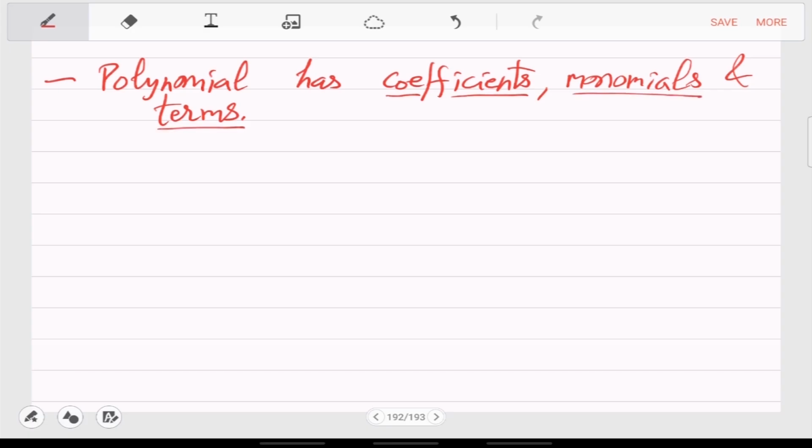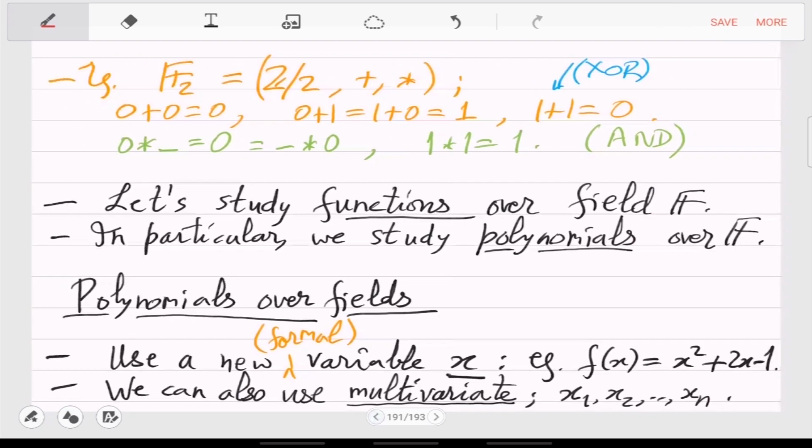Coefficient will just mean the constants that appear inside it, like this 2 and -1. And monomial will be a variable power which appears, like x squared and x to the 0. Or it can be x1 times x2, x1 squared times x2, and so on.